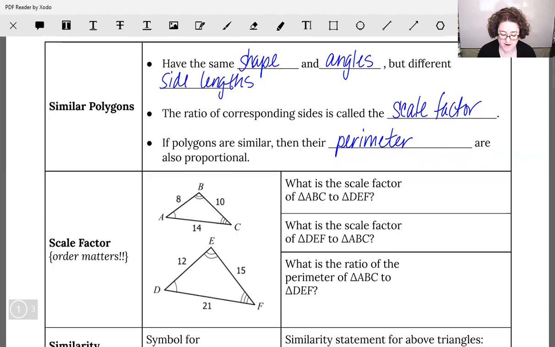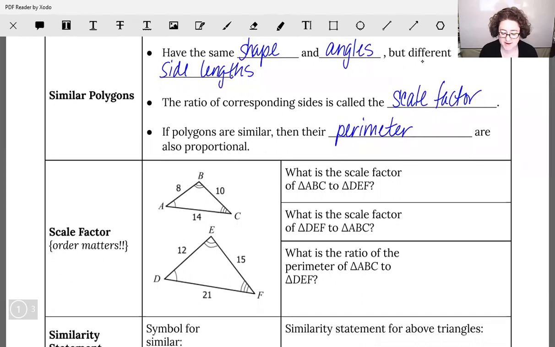Alrighty, so for the scale factor, how we can state this with our different diagrams, the order is very important. So always pay attention to what order the triangles or the polygons are stated in. In this first one, what is the scale factor of ABC to DEF? Specifically, it's mentioning triangle ABC, the top triangle, to the bottom triangle, DEF.